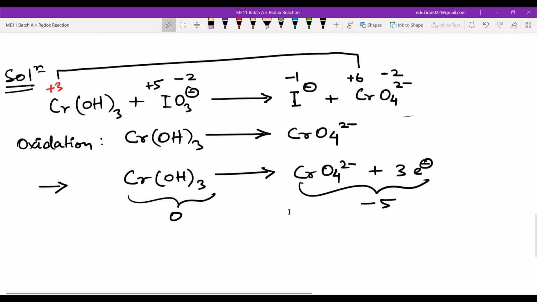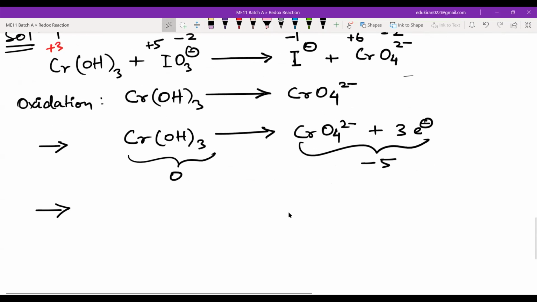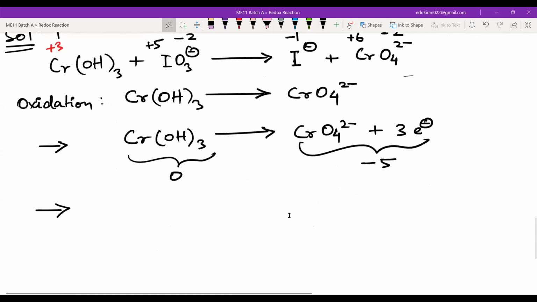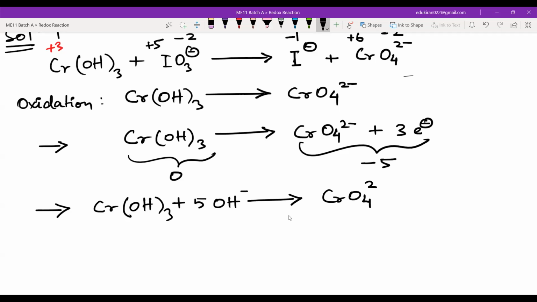Now, to balance this, we need to add some water molecules on the right hand side. We will not mess up the charges now. We will just add some water molecules to balance the oxygens and the hydrogens. Now you guys will tell me how many water molecules I should add here. Here we have how many oxygens? 3, and here 5, so 8.